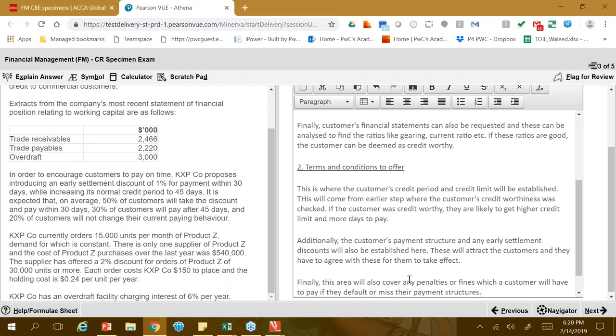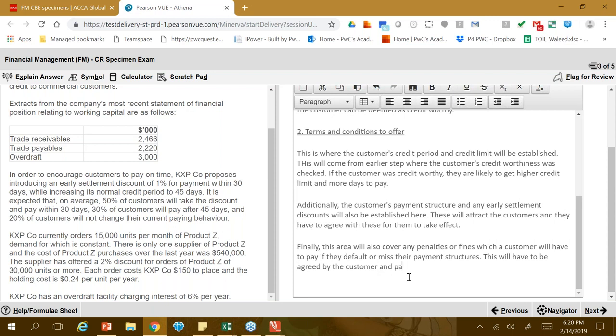These will have to be agreed by the customer and may take the form of legal proceedings if this happens. And that's it. So another 3 marks here on terms and conditions to offer. And again, there are many other points that you've given me, which are all fine, and you could have brought those points out and written them, but please stop yourself from writing everything you know in the world.